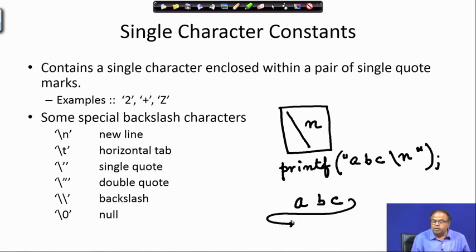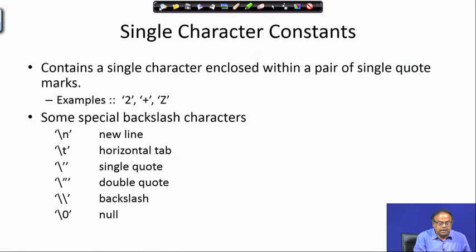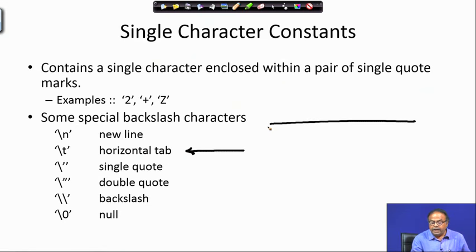So, immediately we go to the new line. Similarly, backslash t is the horizontal tab. If I have backslash t, my cursor will move from here to some fixed tabular distance.